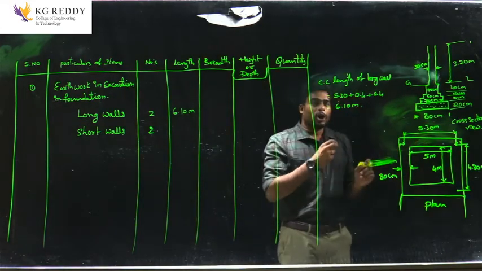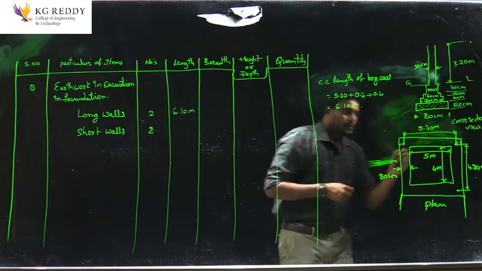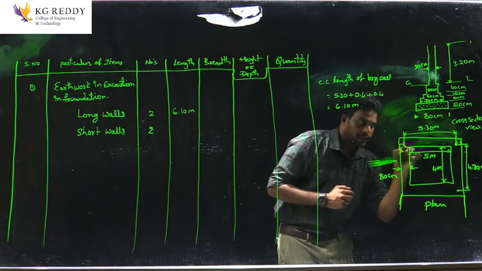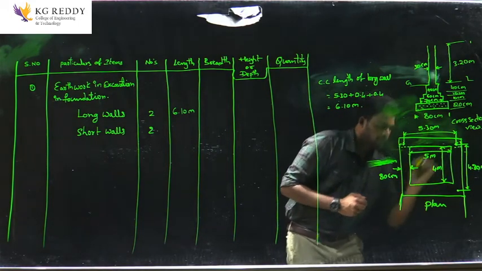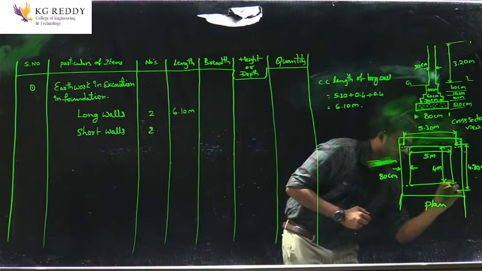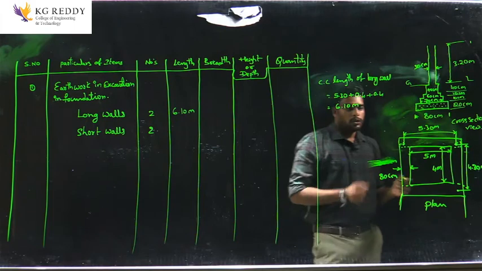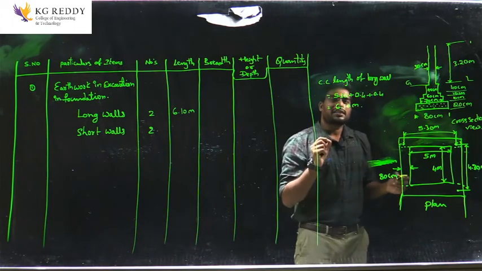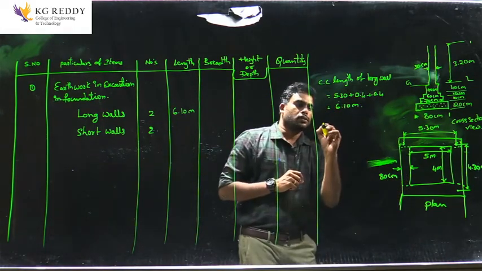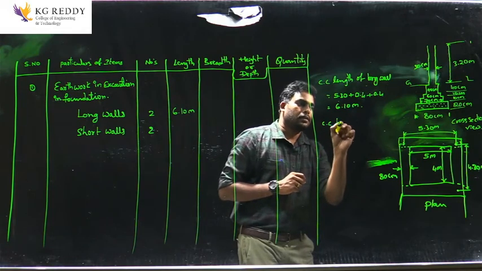So what about the short wall side? Just observe this diagram. We excavated up to here, right? We already excavated this portion, so this portion is already completed. Now what is the center to center length of the short wall?